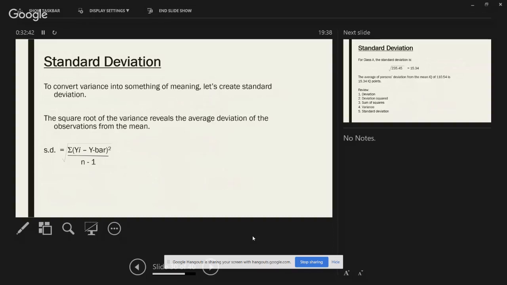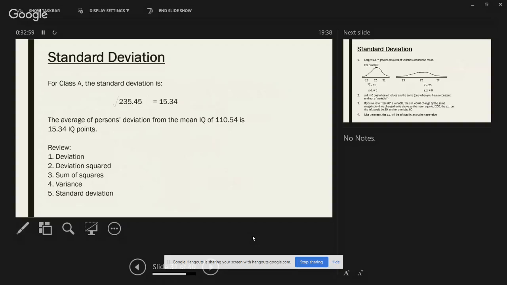If we want to convert variance into something meaningful, we use standard deviation. Standard deviation is basically the square root of variance. So if we take the square root of what we have already calculated, we will get the standard deviation value.